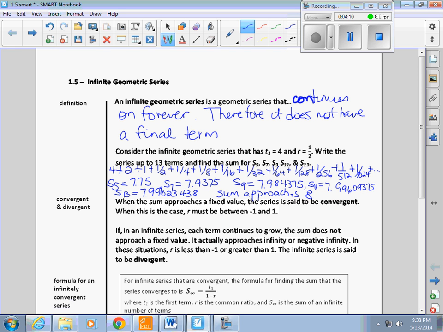So if you have a series and it's getting closer and closer to the same number, we say that's a convergent series. It says when this is the case, r must be between -1 and 1. So it could be -0.99999, and it could be 0, it could be 0.99999. It has to be in between -1 and 1.